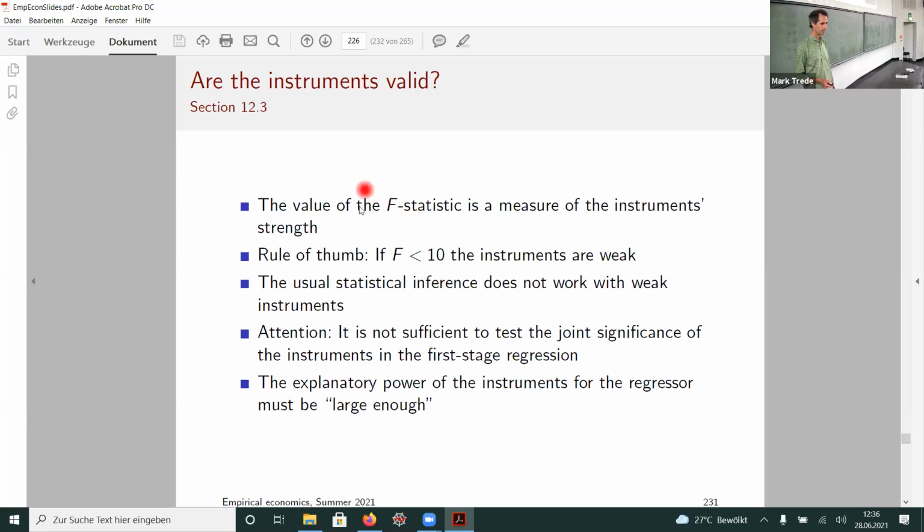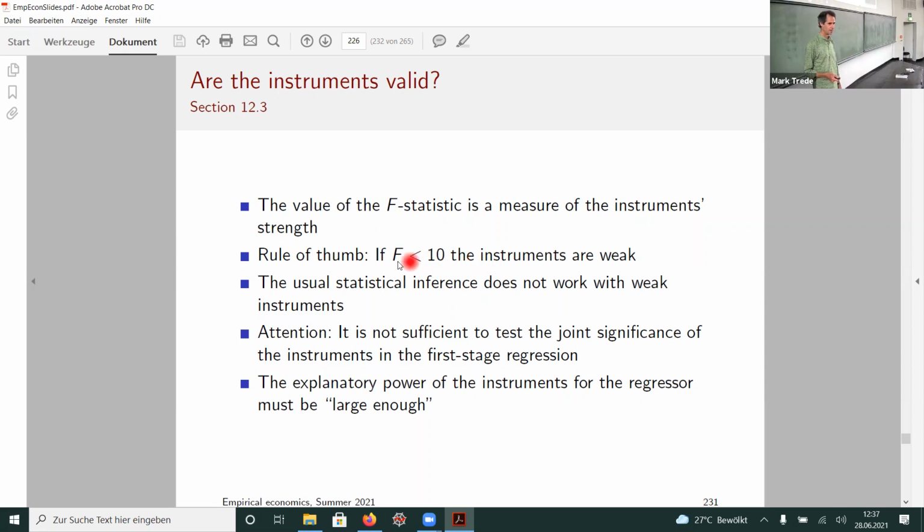And which value of the F statistic is really large enough? That's a bit a matter of taste, but Stock and Watson argue in a, I think, reasonable way that a good rule of thumb is that the F statistic must not be smaller than 10. Okay.